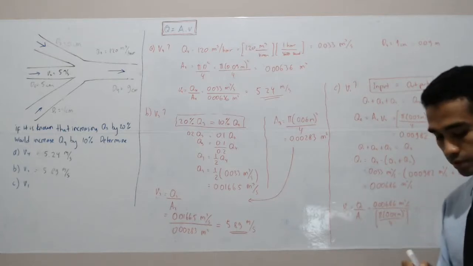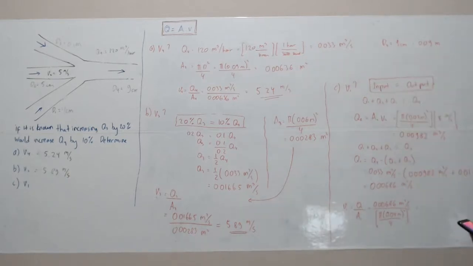Now let's calculate the solution. So it's 0.00686 divided by pi times 0.04 squared over 4.